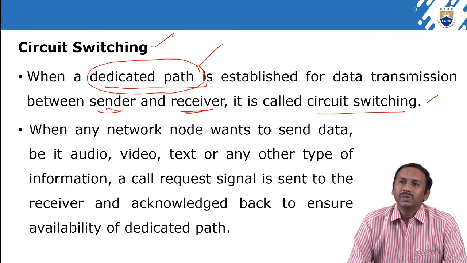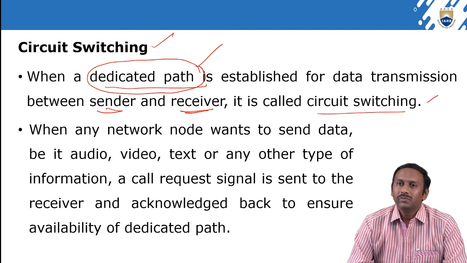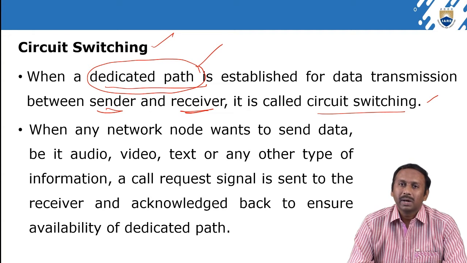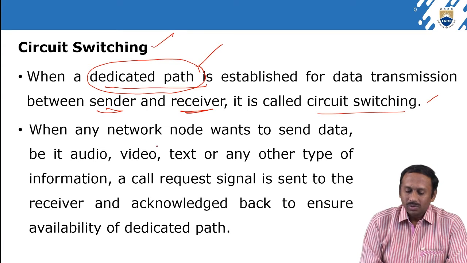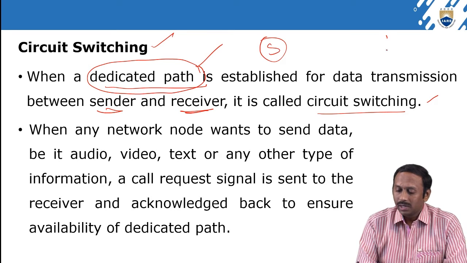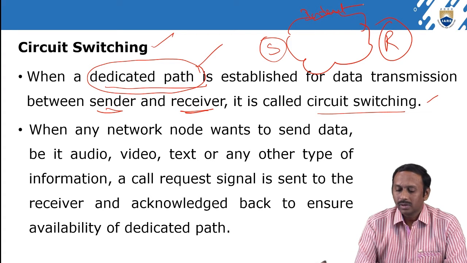When any network node wants to send data, be it audio, video, text, or any other type of information, a call request signal is sent to the receiver and acknowledged back to ensure availability of the dedicated path. For example, assume there is a sender as well as a receiver, and this is the internet.